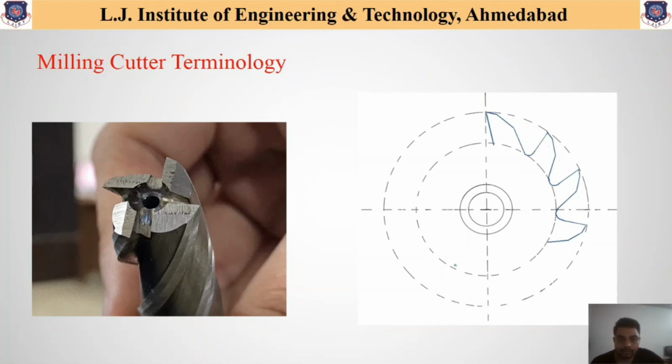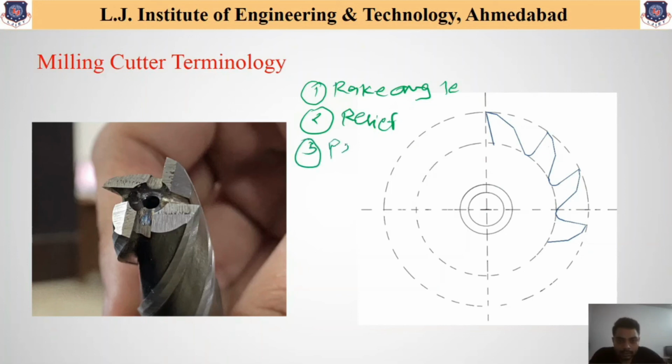The first one is the rake angle or radial rake angle. Second is the relief angle. Third is the primary clearance angle.